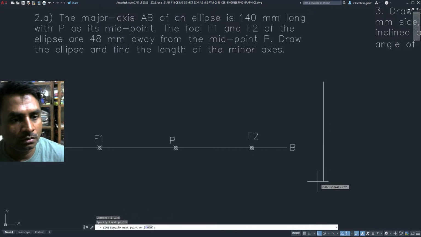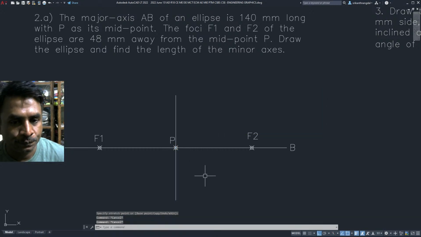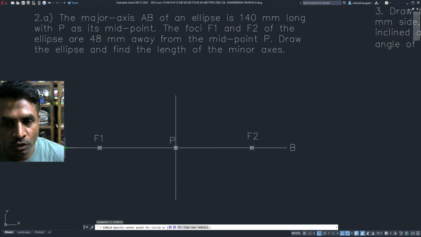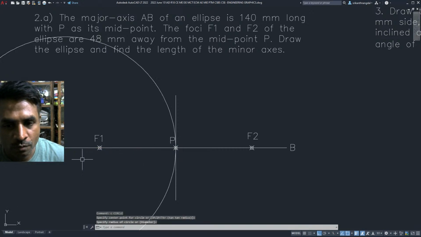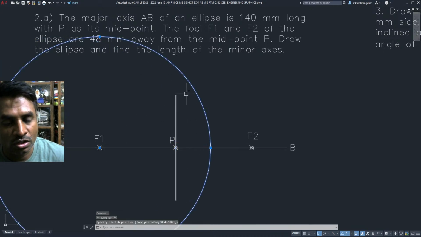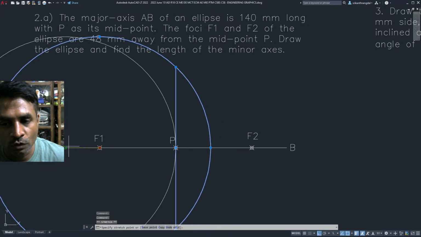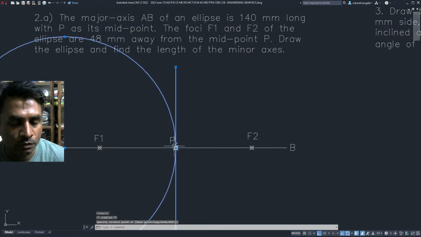Once we have the major axis and the focal length, we can easily find out the minor axis length. So we're supposed to draw some length over here. We know that the distance of the semi-major axis will be the same as the distance of one endpoint of the minor axis from the focus. So this is how it has become the minor axis, because you can see I've drawn a circle with center at this point, passing through this point.